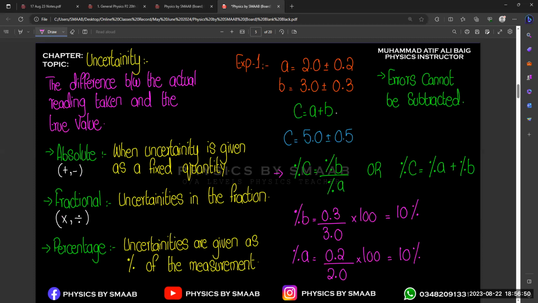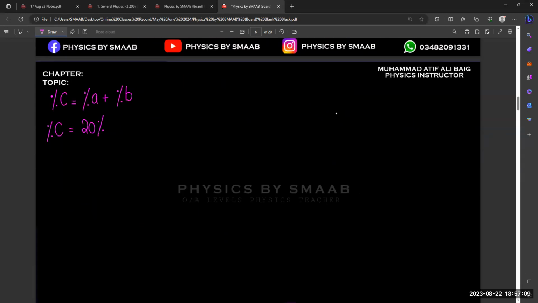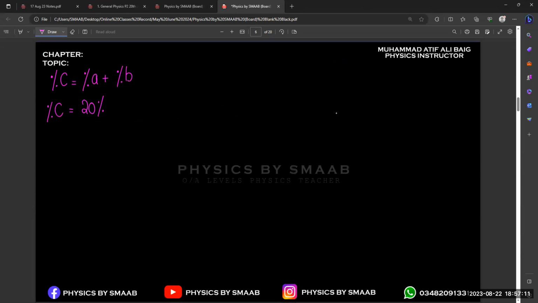One more thing: we are not going to subtract the value of C, because actually the question is B minus A or A minus B. If you know the concept of the log, if something is subtracting, we convert it into division, right? So we need to also find out the changes in the original value of C. So C will actually be equal to, I want to find out if it's 4.5 or 5.5.